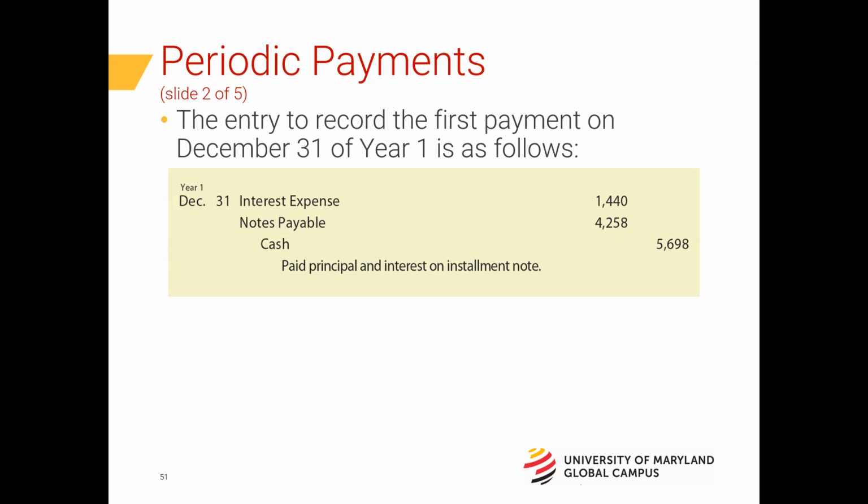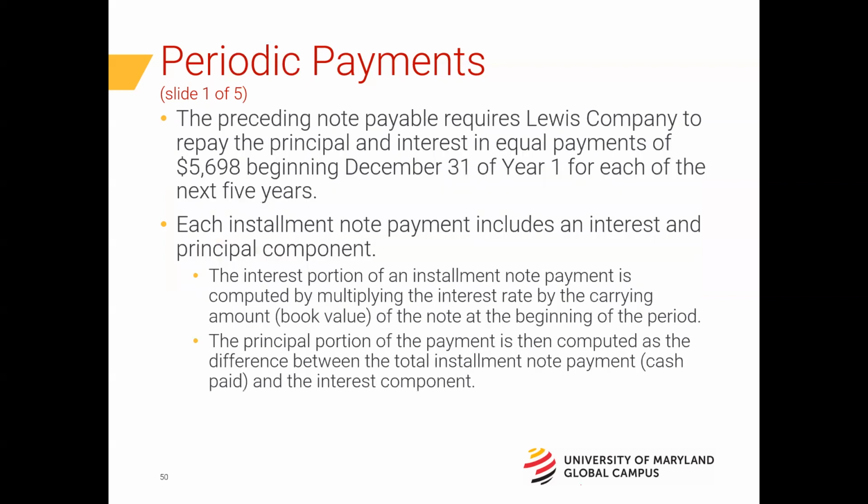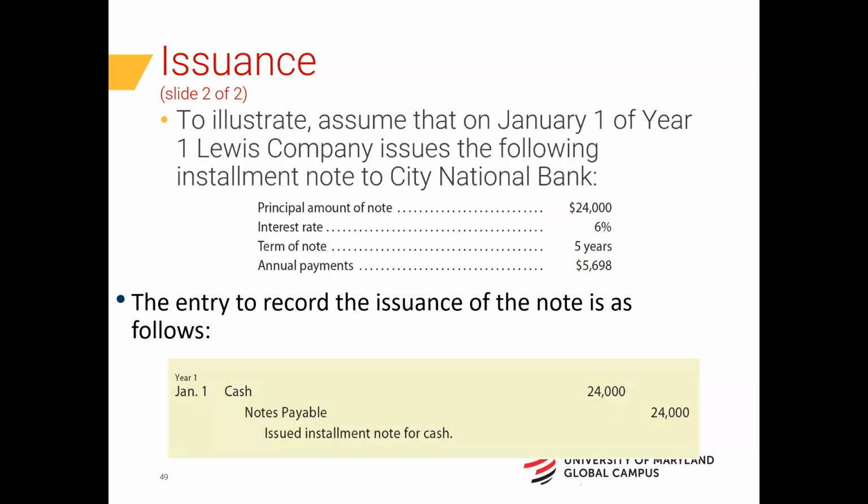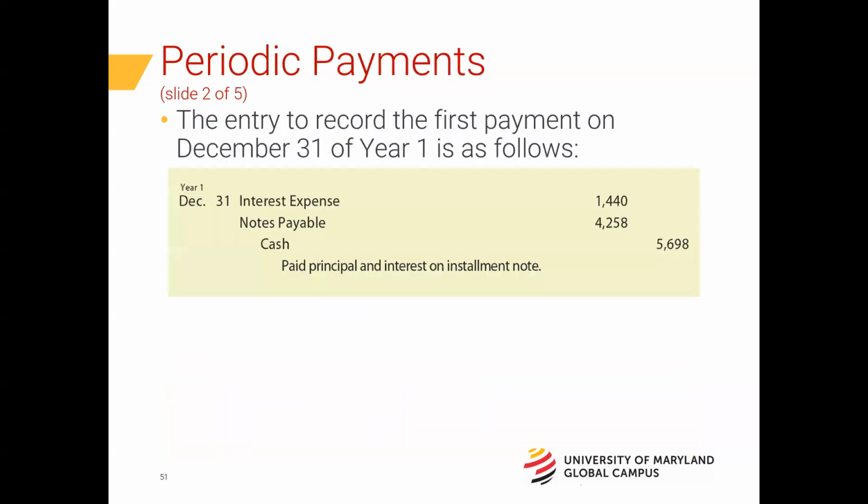You're probably wondering, Dr. B, how'd you figure out the interest and the principal? Well, it's pretty straightforward. Initial balance was 24,000, 6% interest, 5 years, which gets you a payment of 5,698. Now, how do we figure what portion of this 5,698 is principal, what portion is interest?